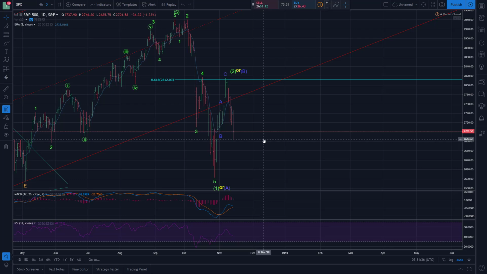And yeah, I'll mention one more thing. Some people are bringing up that we have possibly an inverse head and shoulders bottom forming here, and we'll be reversing to the upside, and that would mean that you had the left shoulder here, this is the head, this is the right shoulder, and then we'll come up and reverse upwards.